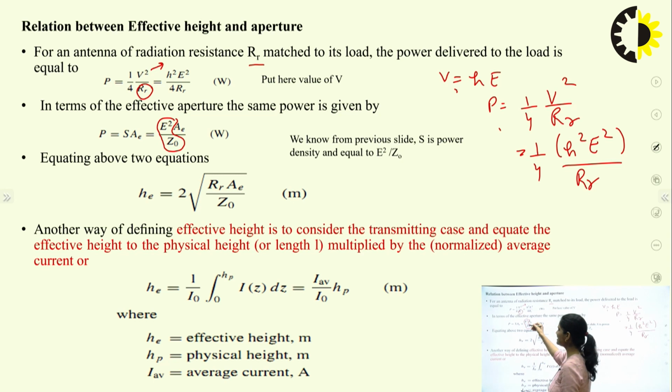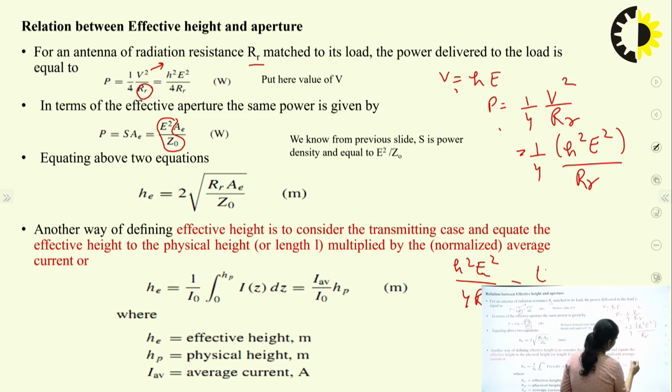We can equate these two equations: HE square E square upon 4 RR is equal to E square upon Z naught into AE. So E square cancels out, and from this equation we can derive HE square is equal to AE into 4 RR upon Z naught.